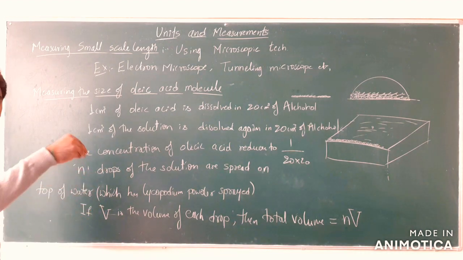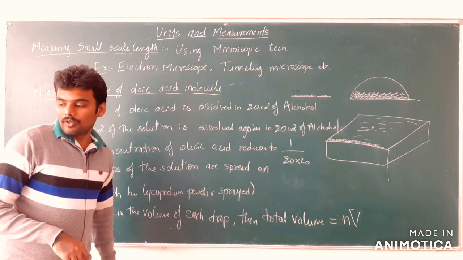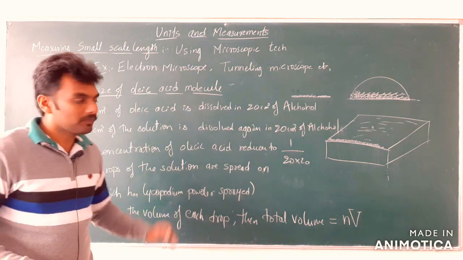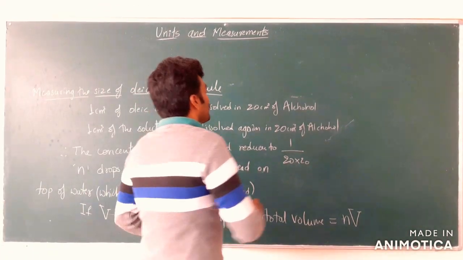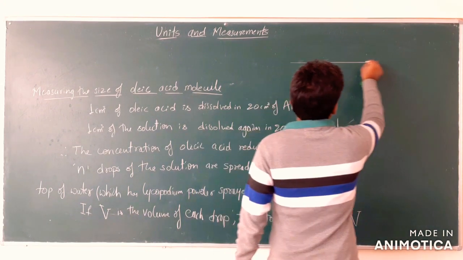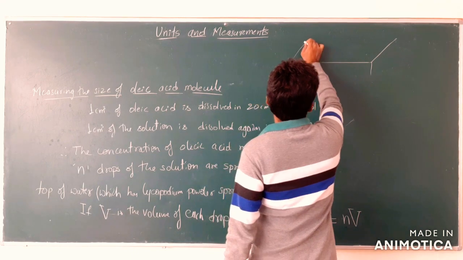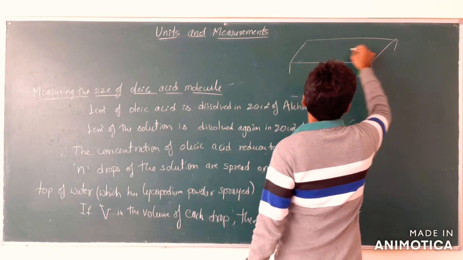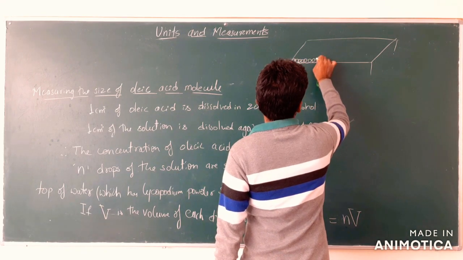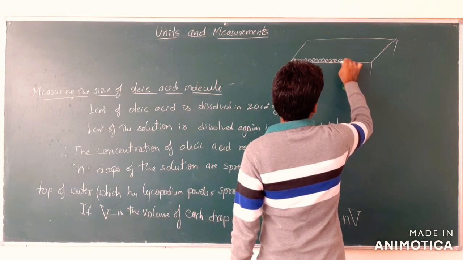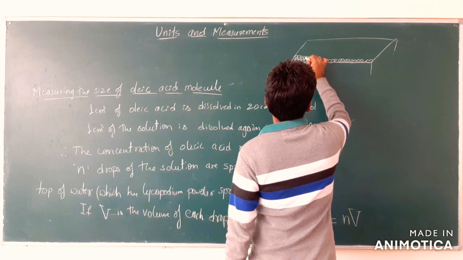Okay, now we have spread the solution on top of water. Now comes the math part of it. See, as I told you, say this is the water surface. I have told you that the oleic acid will form a monomolecular layer, like this.